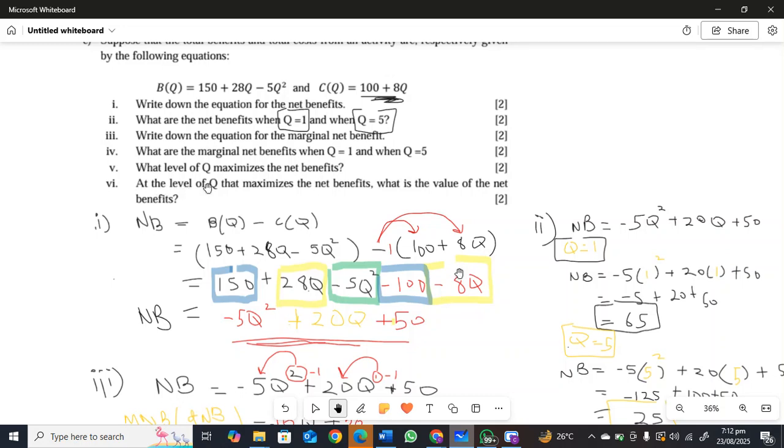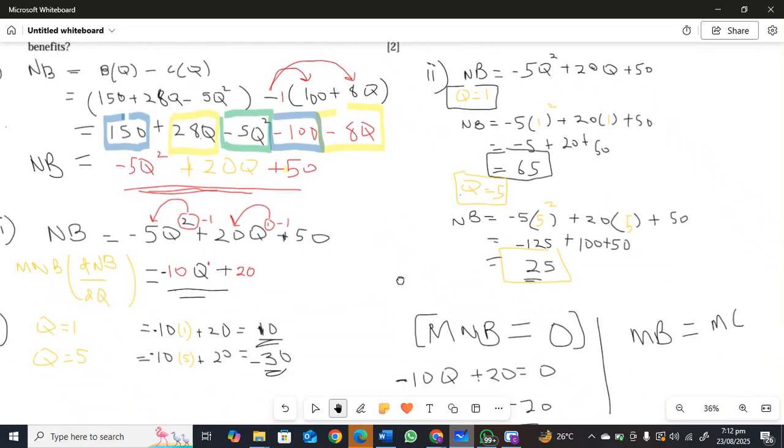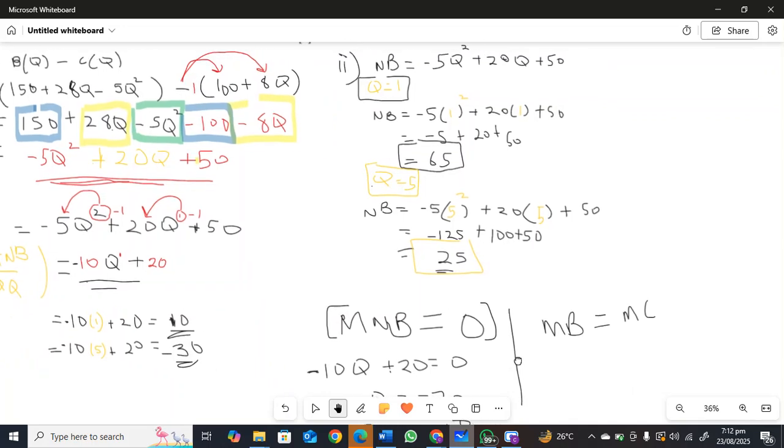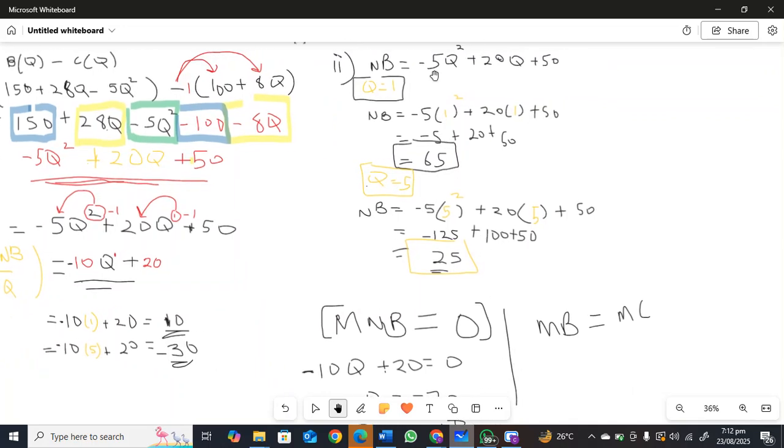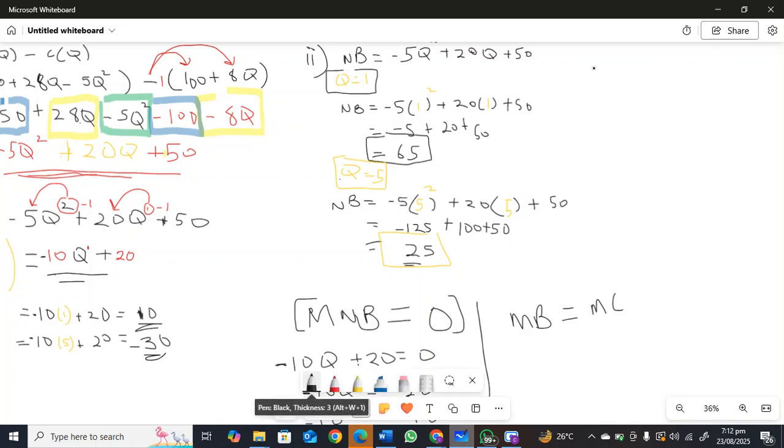At the level of Q that maximizes the net benefits, what is the value of the net benefits? So we go back to our function for net benefits. We have to find when Q equals 2, what is our net benefits? That's part 5. Our net benefit function is negative 5Q squared plus 20Q plus 50.